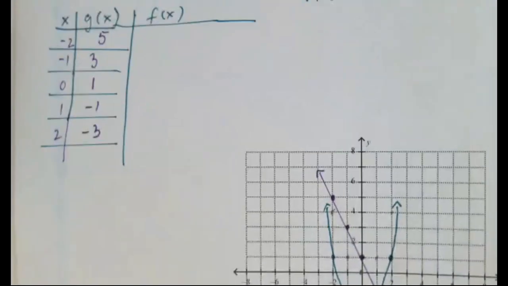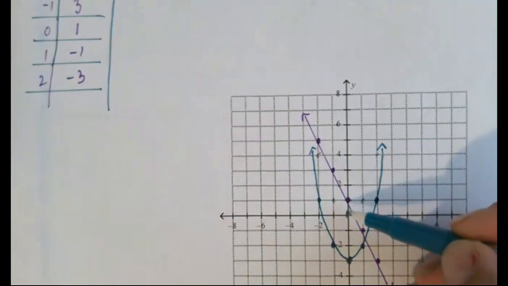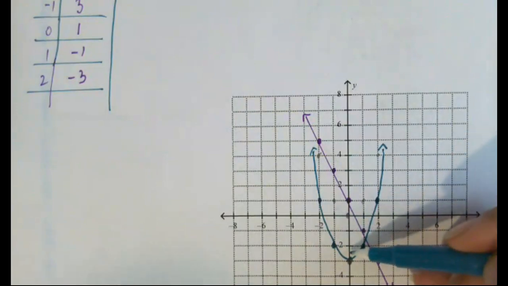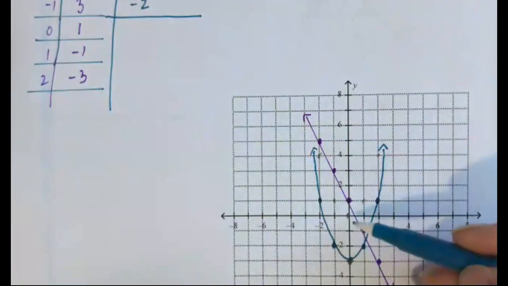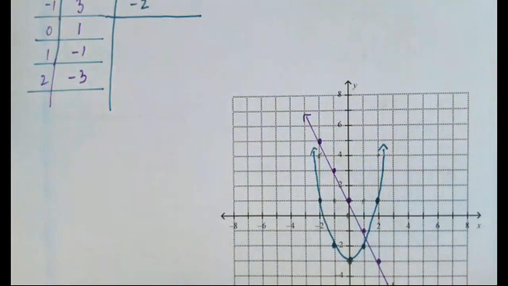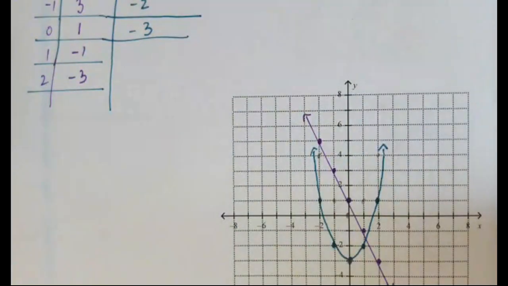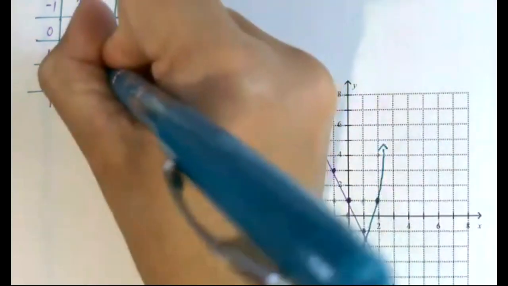So for x is -2, I got the value at 1. When x was -1, the value is at -2. When x is 0, the value is at -3. When x is 1, the value is at -2.